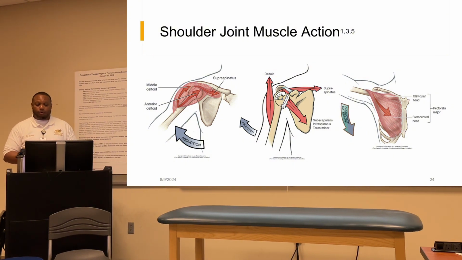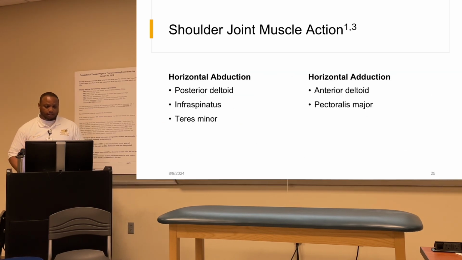And we see deltoid, supraspinatus, subscapularis, infraspinatus, teres minor, all acting together with abduction. And then with adduction and extension, you see the clavicular head and sternocostal head of the pectoralis major adducting the GH joint.